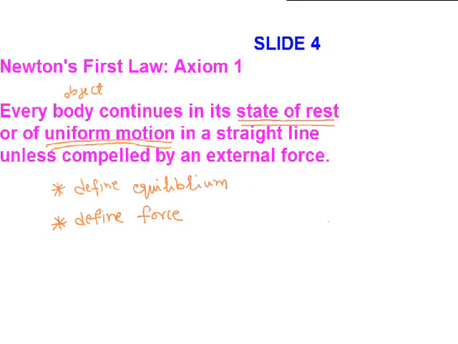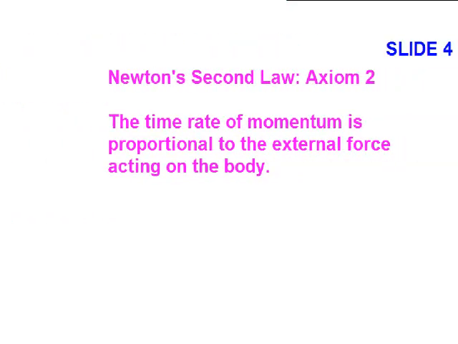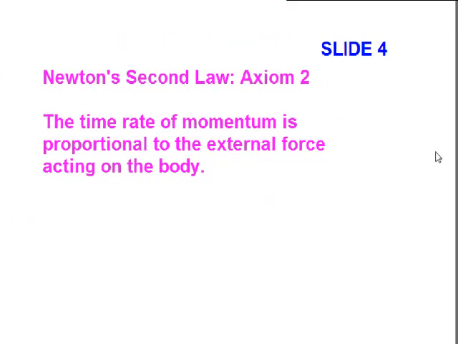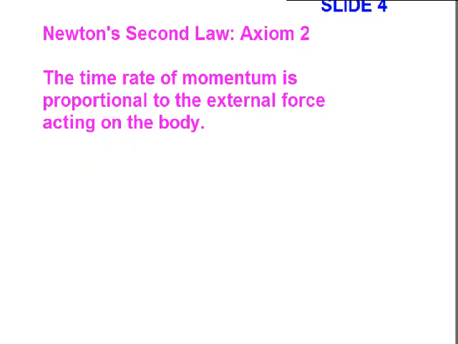Newton's second law continues on this. It has more detail as to the magnitude of the force. The time rate of momentum is proportional to the external force acting on the body. We saw that the time rate of momentum is defined by d over dt of mv, where m is the mass of the body and v is the velocity.